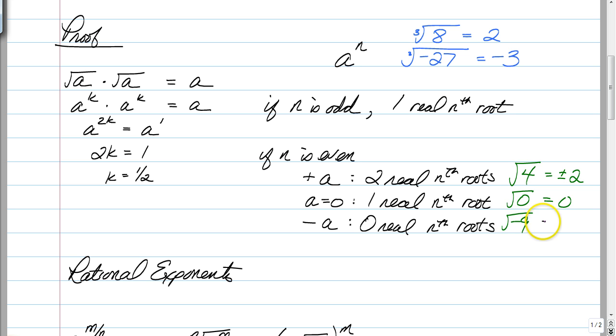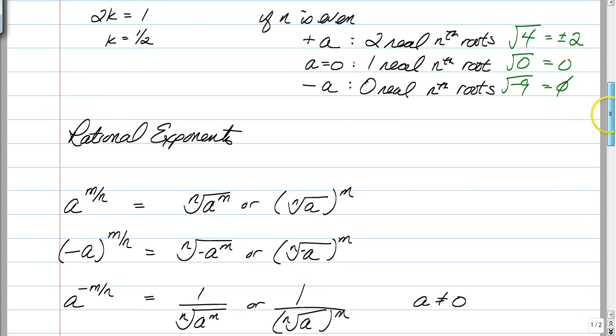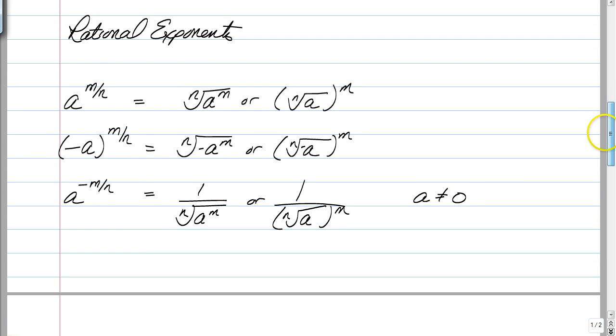And if we take the square root of negative 9, we would say plus or minus 3i, but that is an imaginary root. When you take the square root, or the even root, of a negative, you have no real roots. Okay? So those are just a little bit of pre-game activities for something you've been working with, but we just went a little deeper.